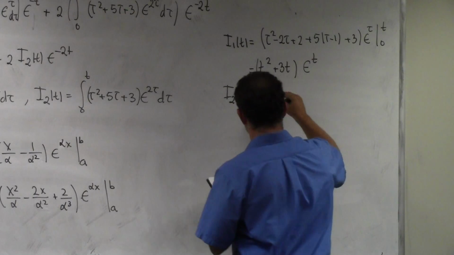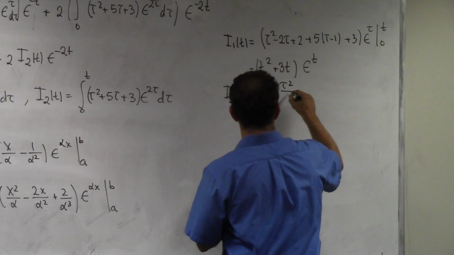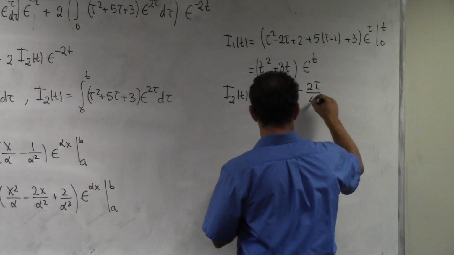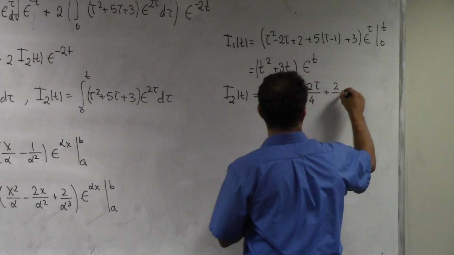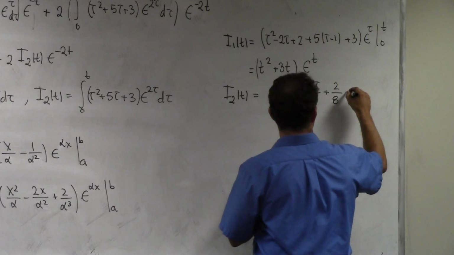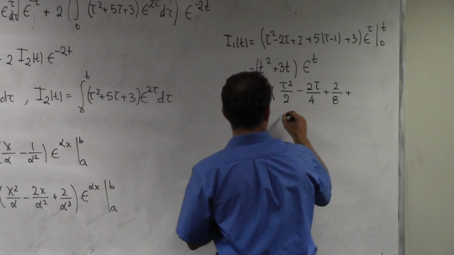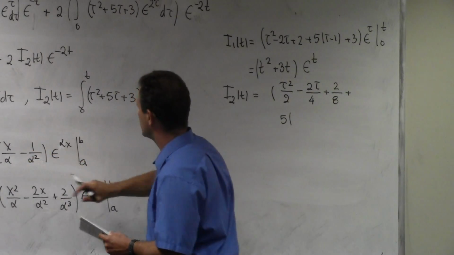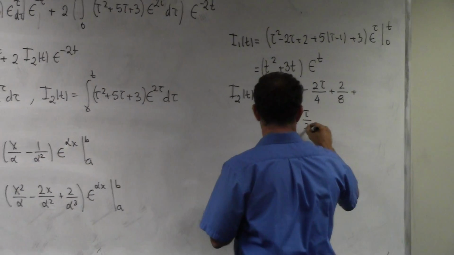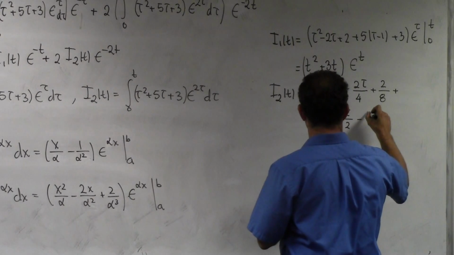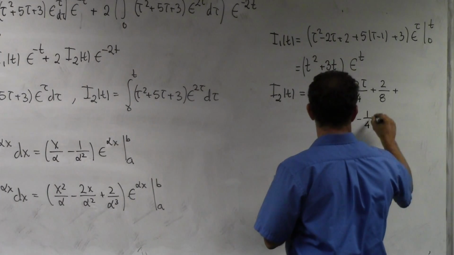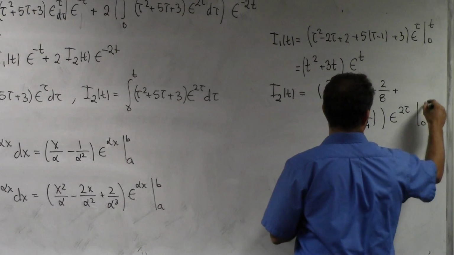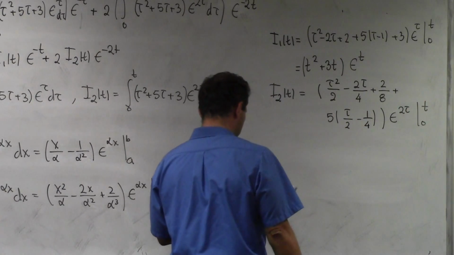So this ends up being tau squared over alpha, which is 2, minus 2 tau over alpha squared, which is 4, plus 2 over alpha cubed, which is 8, plus 5 times tau over alpha, so it's going to be tau over 2, minus 1 over alpha squared, which is 1 over 4, and then everything multiplied by e to tau, evaluated from 0 to t.